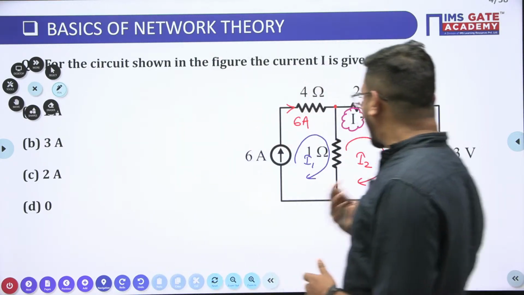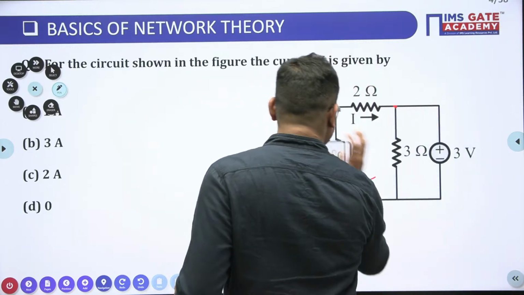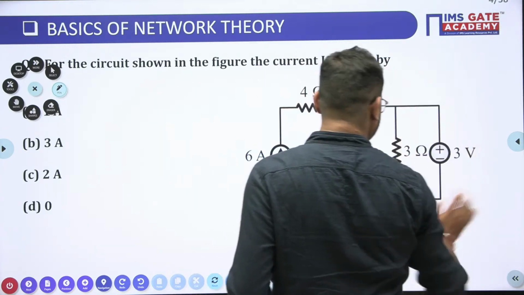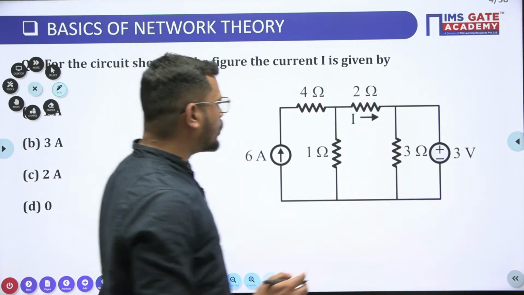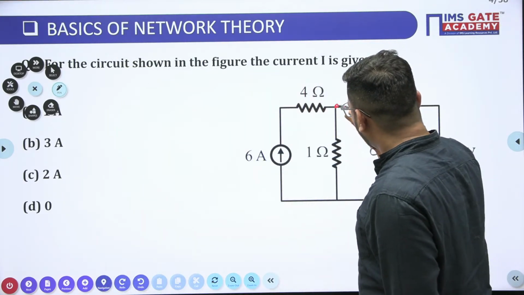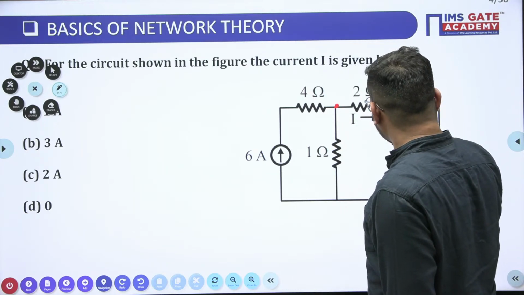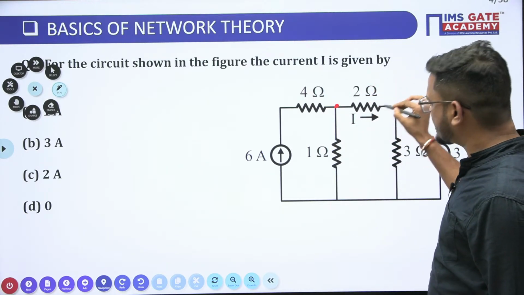So how to solve this problem? By a very easy method, guys. As we know this current is nothing but the voltage drop across this 2 ohm resistor divided by the resistance only.